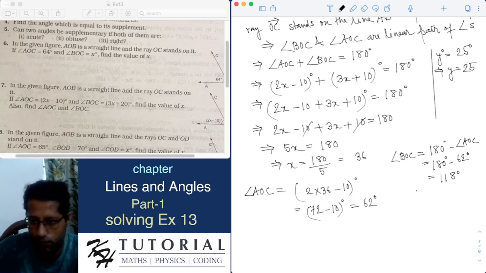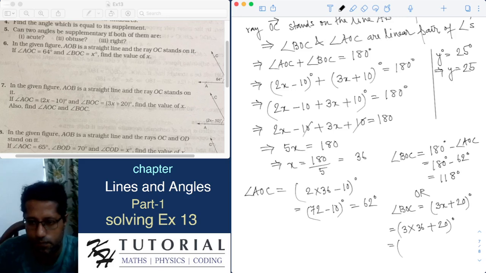The other way of solving angle BOC is using the value of x. Angle BOC is given to be 3x plus 20 degree. So this is equal to 3x, x is 36, plus 20 degree.